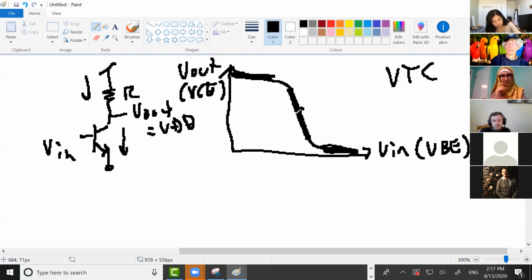So to do that, you want your V out to be sitting somewhere in the middle here. And so the first step to building an amplifier is to set a default current through your amplifier.